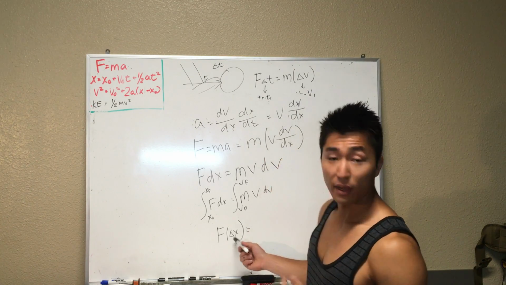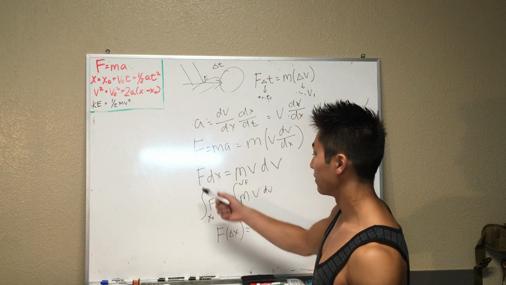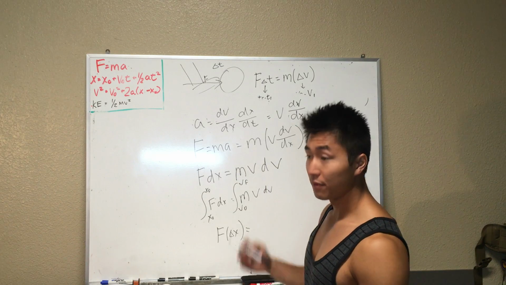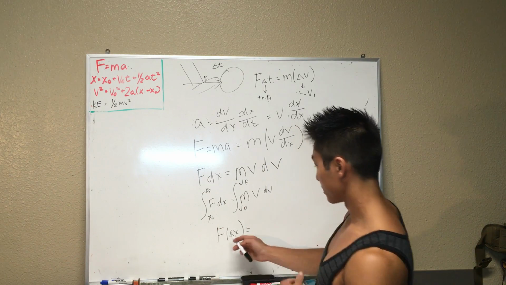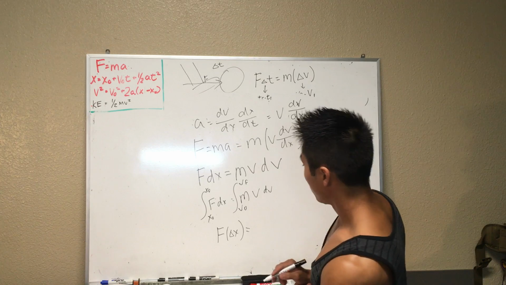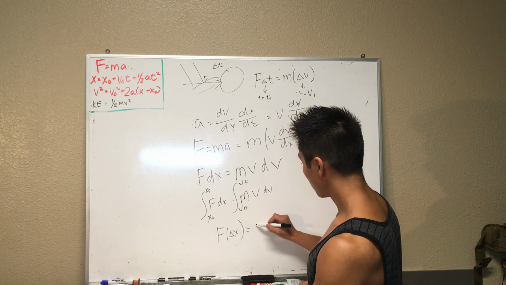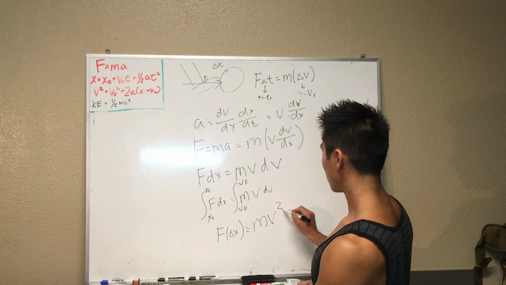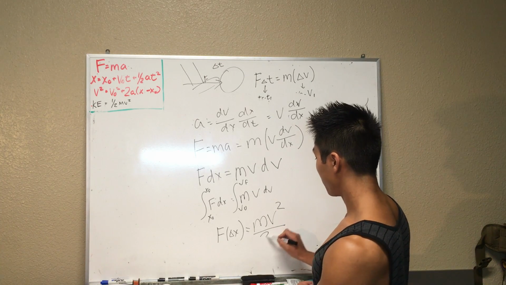equals, and we have change of x because it's going to be from x final minus x naught, so that's why it's represented as that. And over on this side we have v, m, this goes up divided by that.